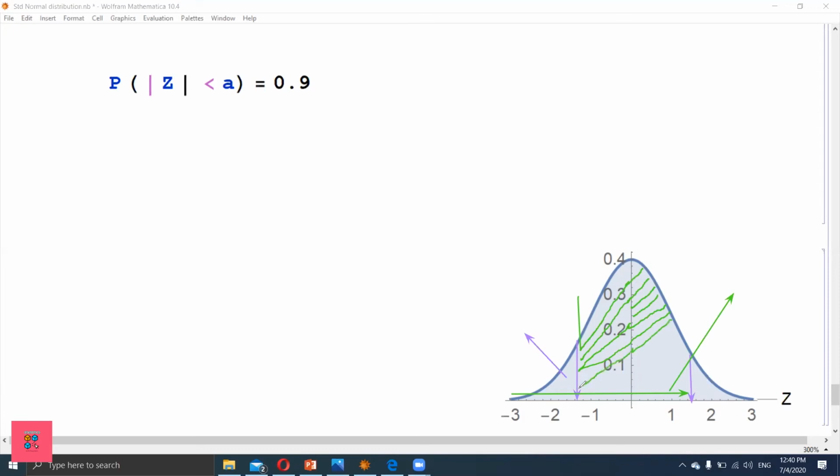So how can we find it? By using the theorem which we studied in the last lecture.